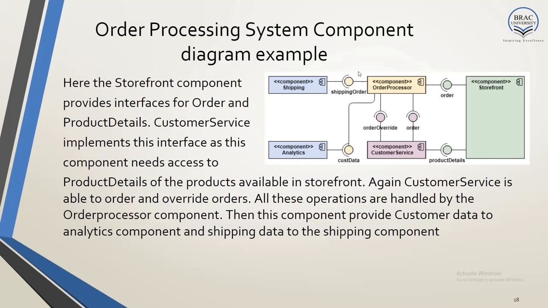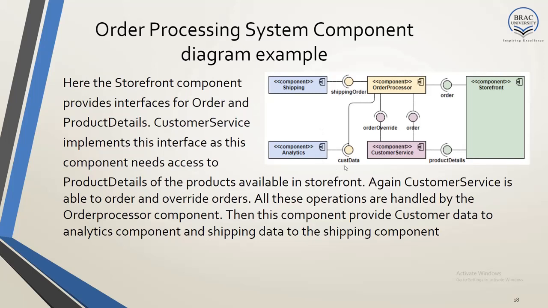It provides those functionalities through this shipping order interface, and this interface is required by the shipping component. That's why they are connected through an assembly connector, or the ball and socket connector.